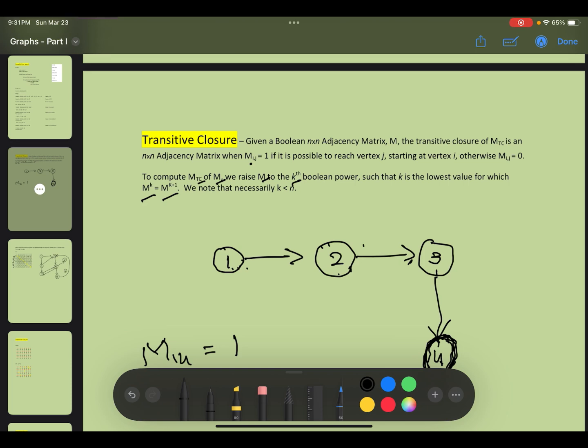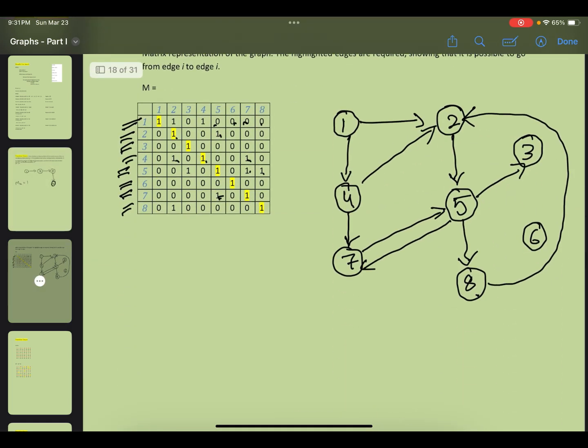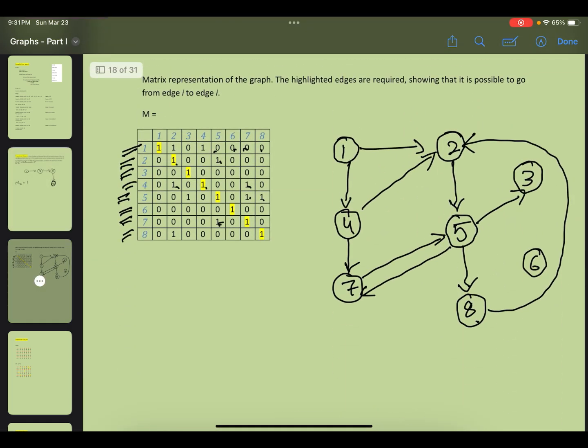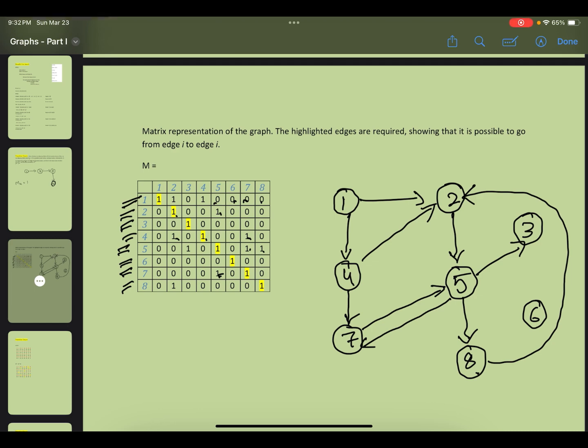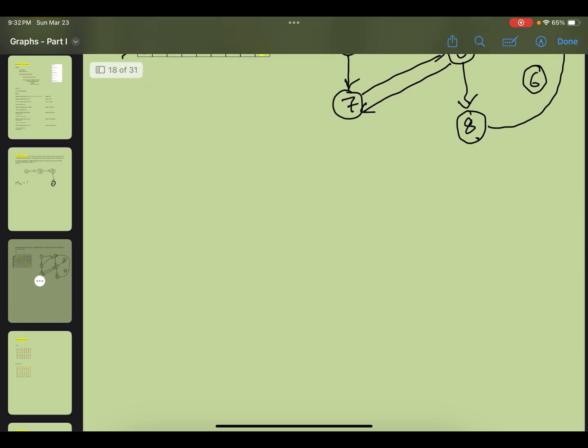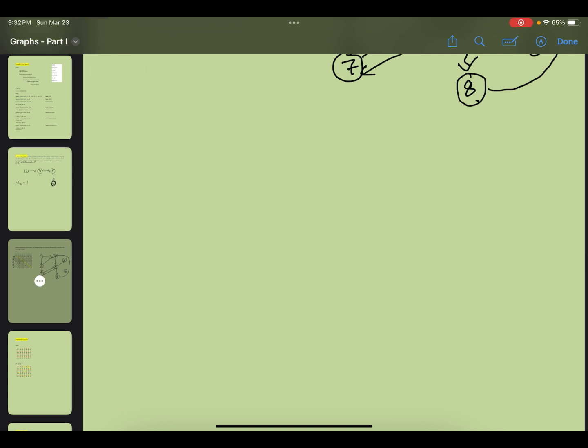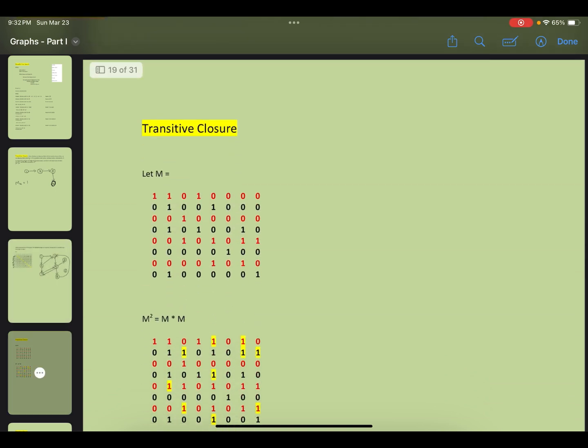So the method to calculate the transitive closure is to take this adjacency matrix and multiply it by itself. And we continue to multiply it so many times that M^k will be equal to M^(k+1). When we reach a stage like that, we will conclude that M^k is the transitive closure of that matrix.